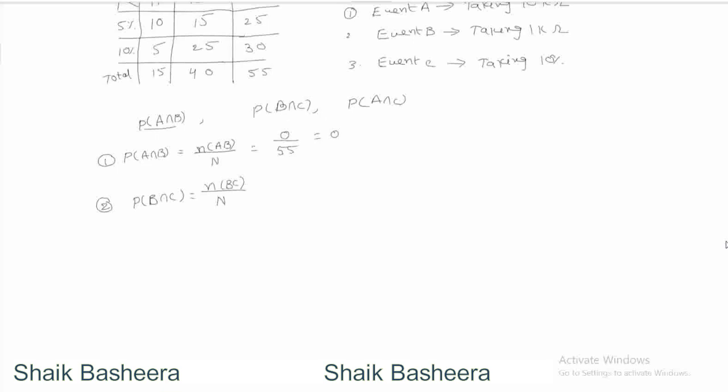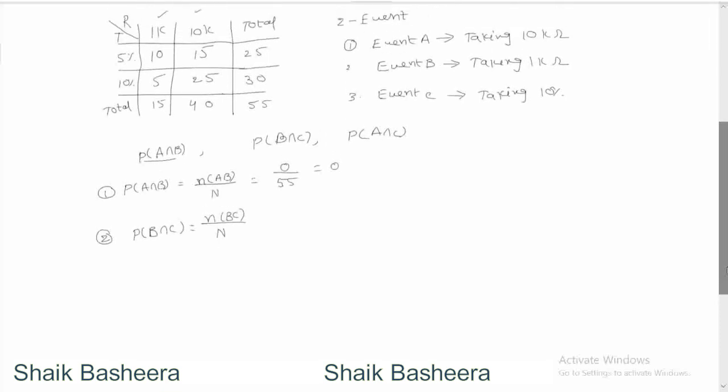We know B is the 1 kilo ohm resistor, and C is the 10% tolerance resistor. So totally we have the combination of 5 such resistors. So n of BC is 5 out of 55 resistors. This is the second one.